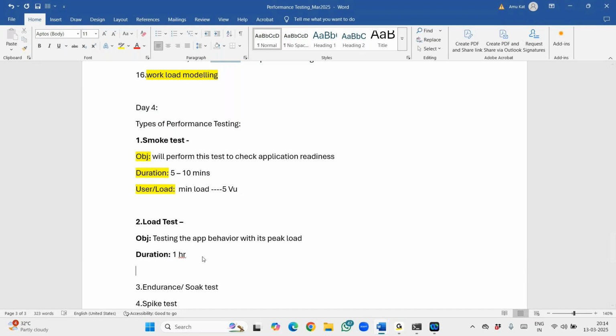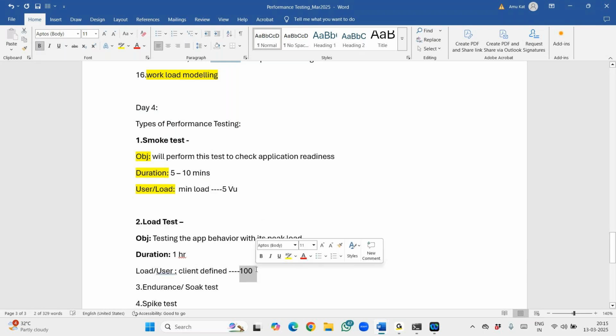And when you talk about the load or user count, it completely depends on what the client defines. If he is willing to go ahead with 100 users, yes, we will be adding all the 100 users in this test.